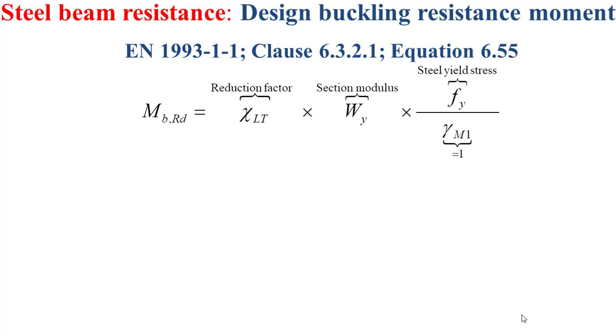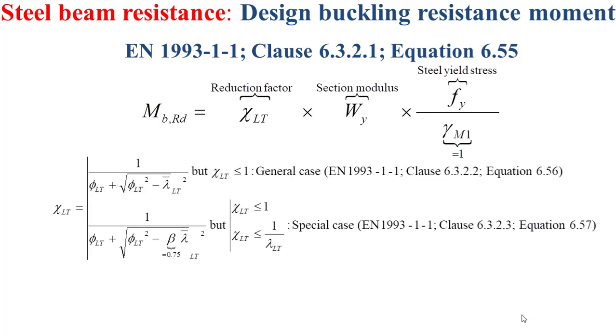It remains the reduction factor chi LT, which is determined based on the formula that you see now in this slide. As you can notice, the reduction factor chi LT can be determined in general case associated to all cross sections based on the first formula, and also it can be determined in special case associated to rolled cross sections of standard dimensions based on the second formula.